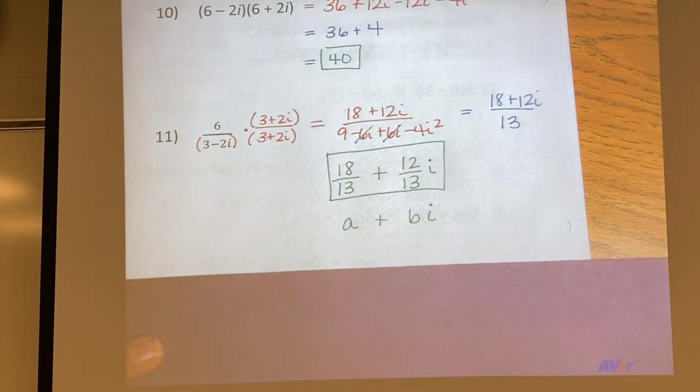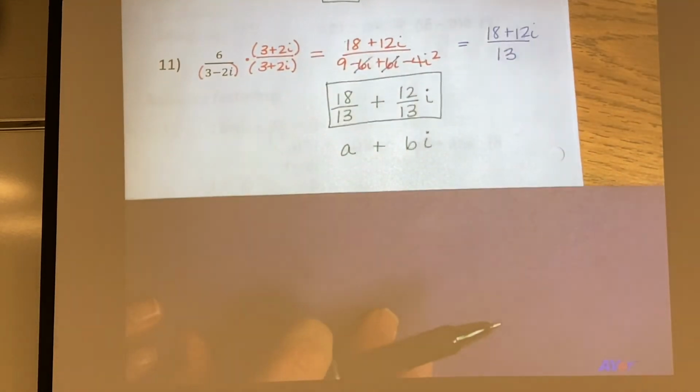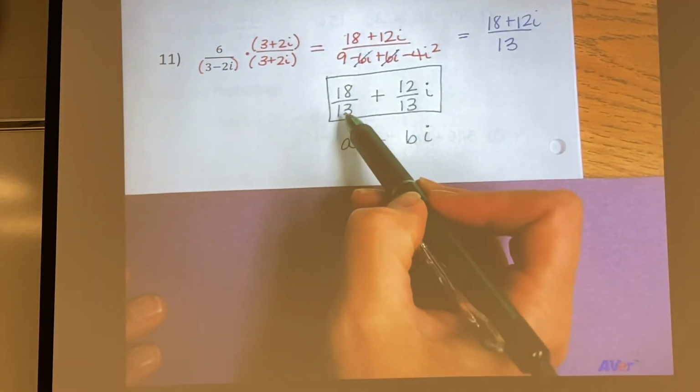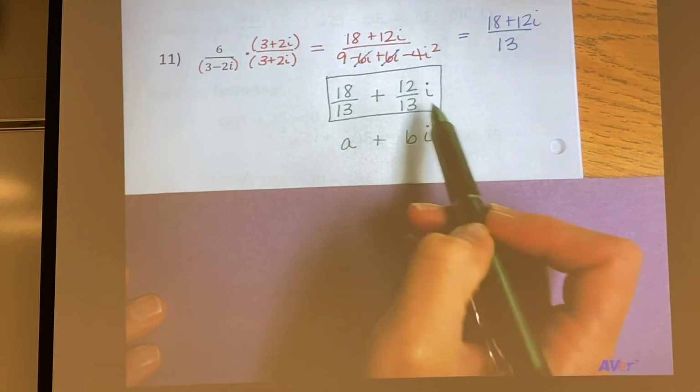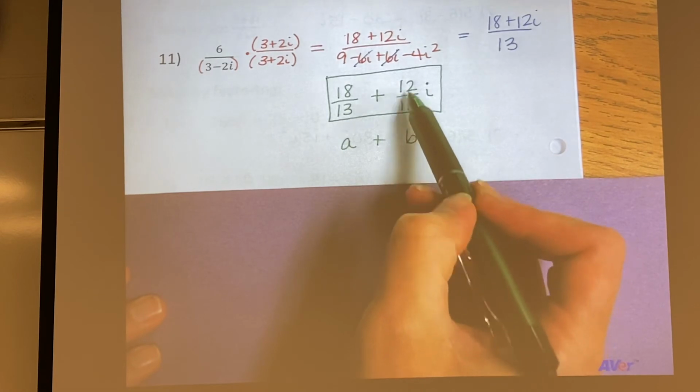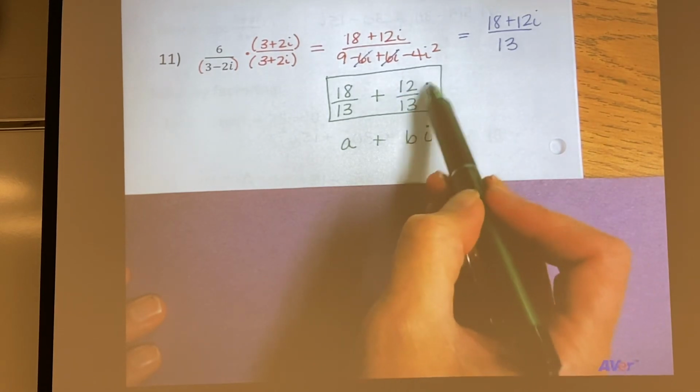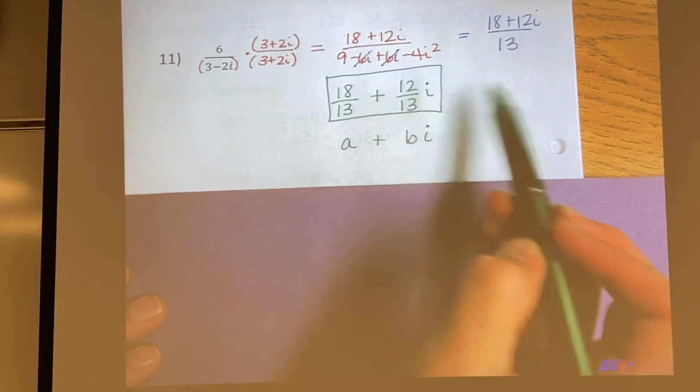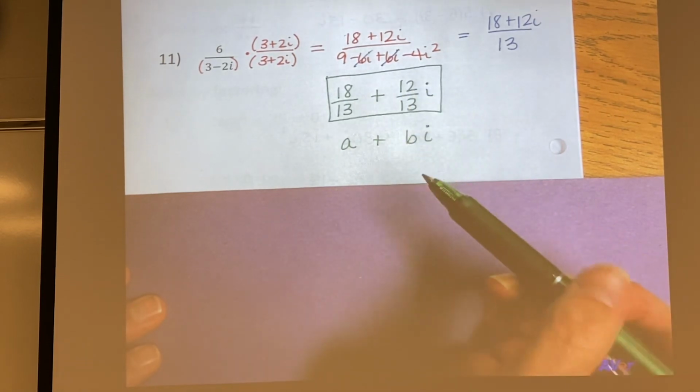So if in Schoology it asks you for the value of a, you would say 18/13. If it asks you for the value of b, 12/13. Don't put i in there. i is not included in b. b is just the 12/13.